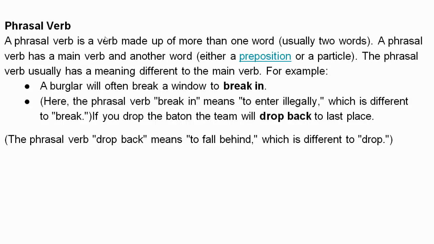For example, a burglar will often break a window to break in. Here, the phrasal verb break in means to enter illegally, which is different to break. If you drop the baton, the team will drop back to last place. The phrasal verb drop back means to fall behind, which is different to drop.